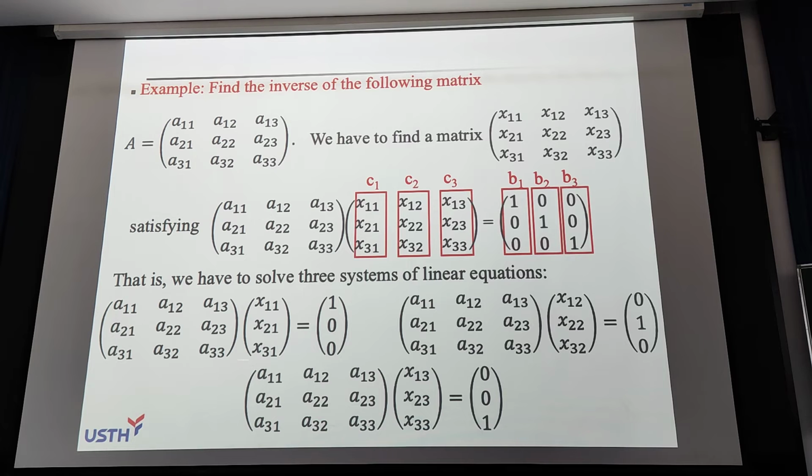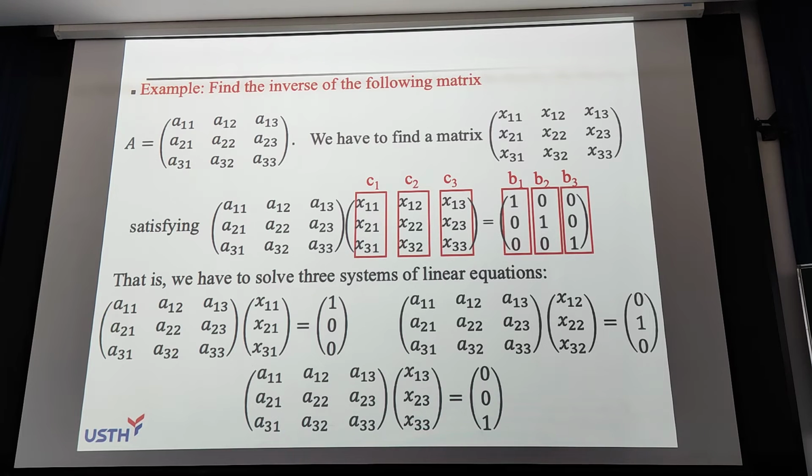So that is the first system of linear equations. And then if we multiply the matrix A by the second column here, you get that equation, and it must equal B2. And if you take A multiplied by the last column here, you will get the last column here.